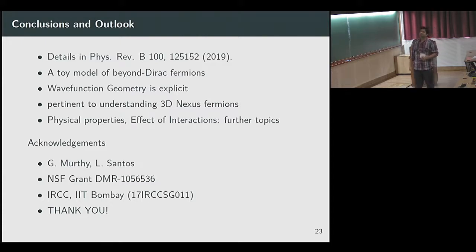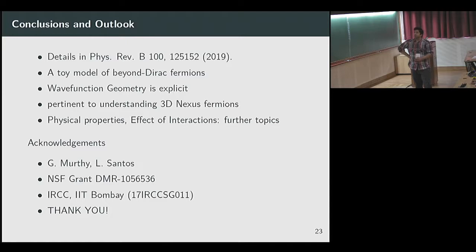We believe that this is pertinent to understanding the 3D nexus fermions, in particular how to spell out the topologically invariant information of this band structure. A speculation can be made that perhaps these 2D nexus fermions can also be protected on the surface of some 3D system, but that is pure speculation.